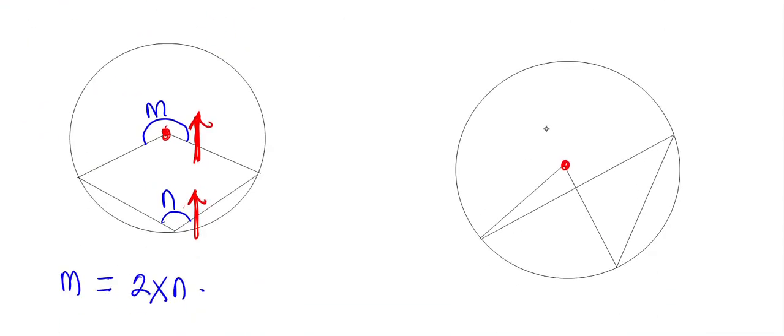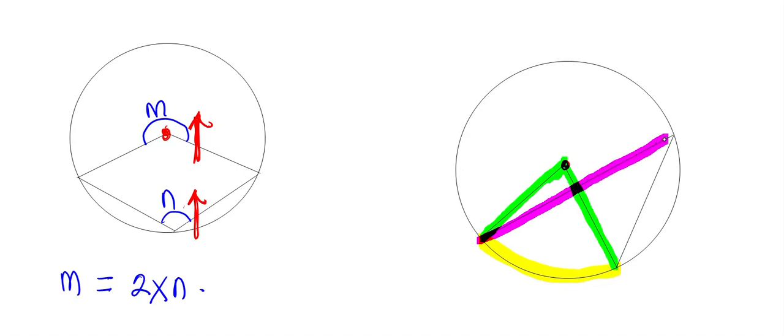So the arc here makes an angle at the center. The same arc makes an angle at the circumference.